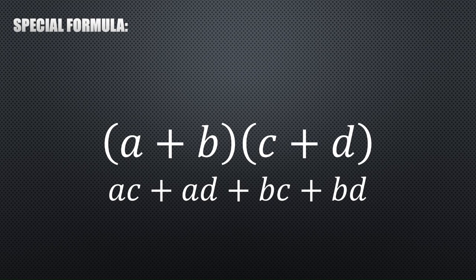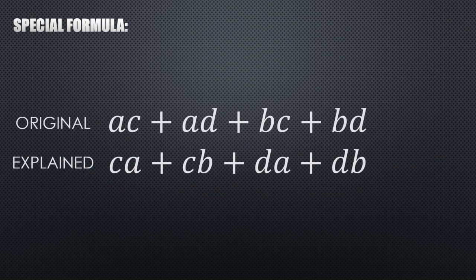Let's explain why. If you can see from this perspective, original is AC, explained CA, AD, CB, BC, DA, BD, DB. So again we need to know a formula that xy is equal to yx and x plus y plus z is equal to x plus y plus z in any order. You can put it in any order.